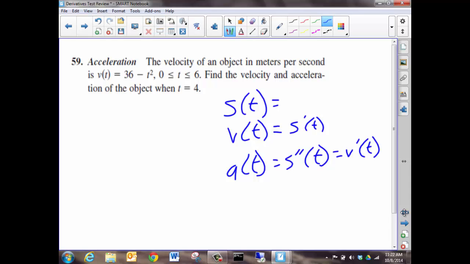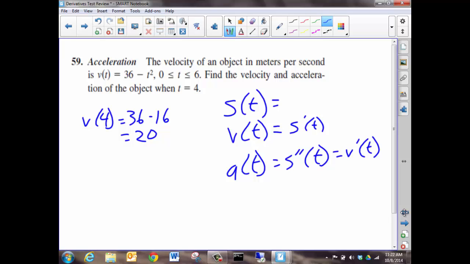This is a relatively simple question then. The velocity of an object in meters per second is given. Find the velocity and acceleration when t is 4. So what do you need to do? Plug in 4. V of 4 is 36 minus 16, which is 20.